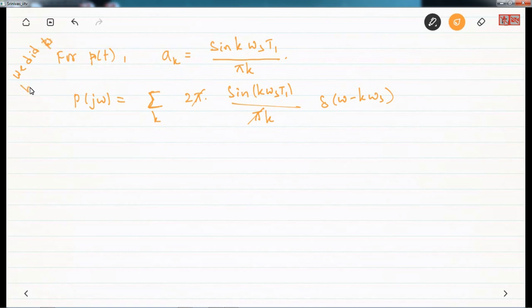We did this before, or you can solve this once again just as practice for your exam.